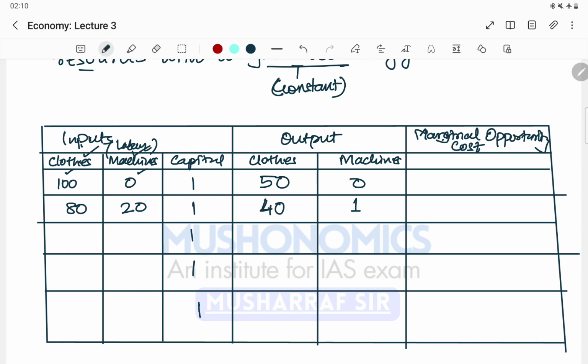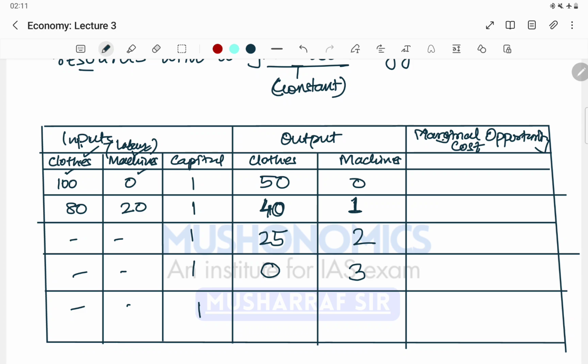The cloth output has declined, and one machine we are able to produce, right? To produce 2 machines, when we have diverted our inputs towards machine, we are only able to produce 25 clothes. And when we are producing the third unit of machine, we are not able to produce any clothes, that is 0.